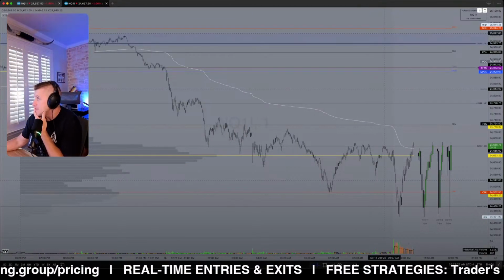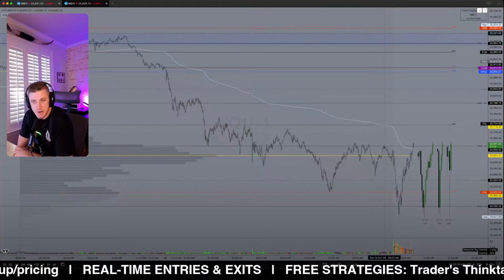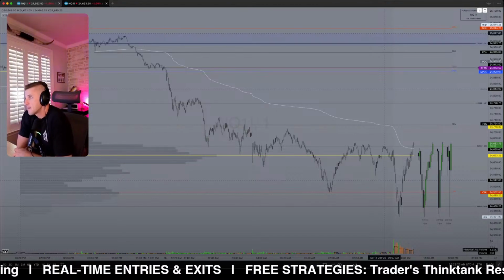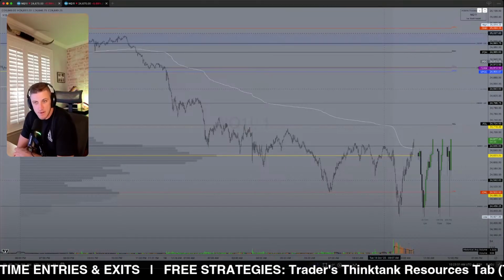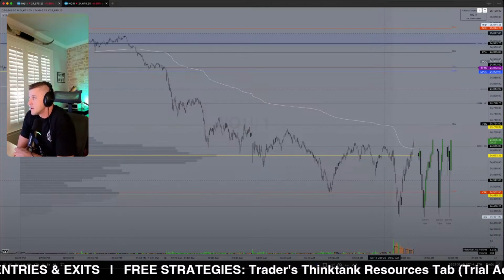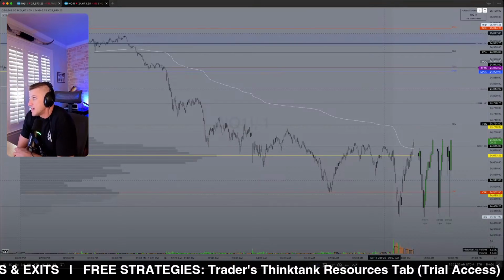Prior day high, there's quite a few levels between here and prior day high. Wouldn't rule anything out in the volatility, but prior day low next up, then into 800.